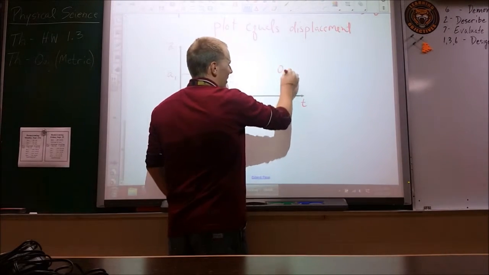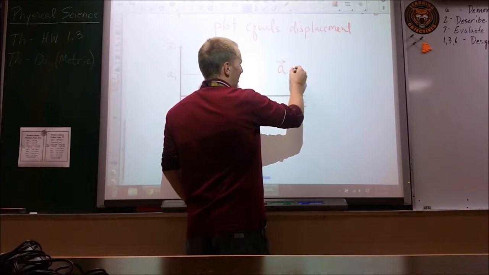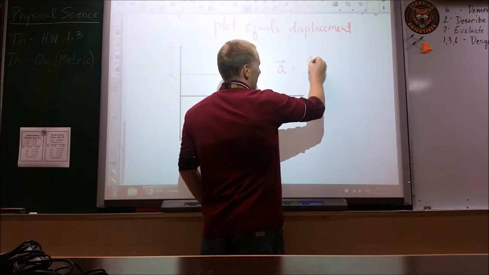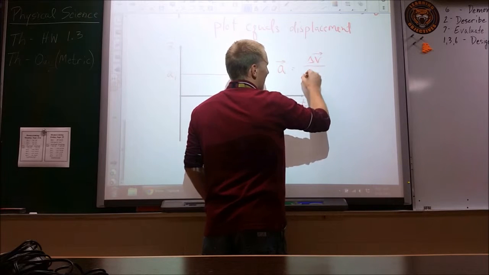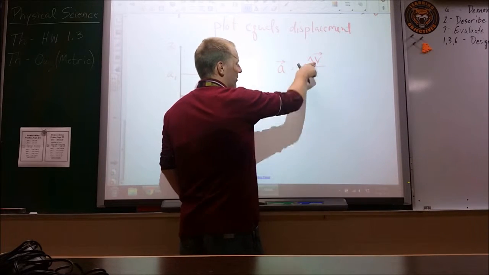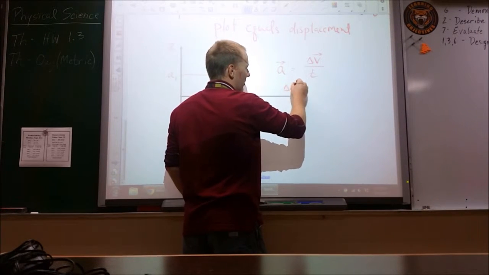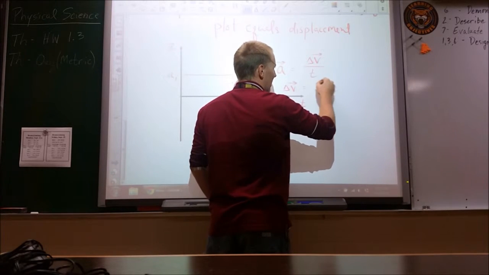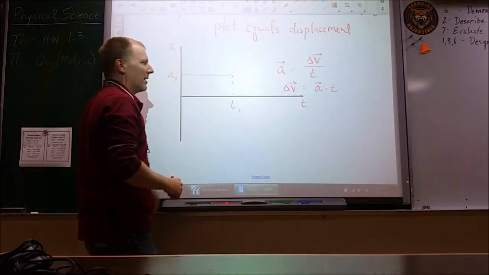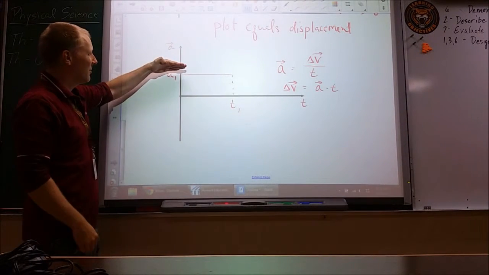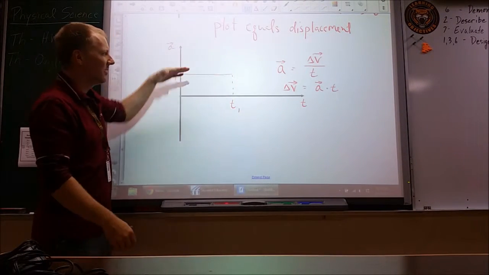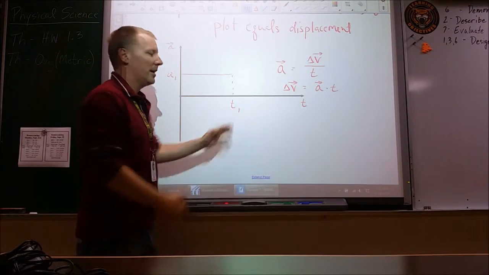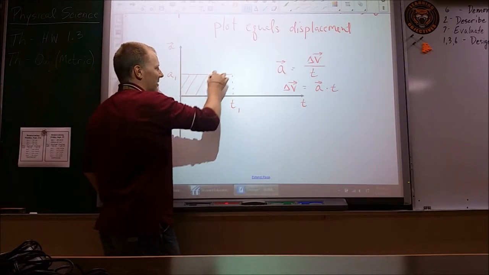And we know from our reading and from our practice that acceleration is equal to a change in velocity over a change in time. And if we want a change in velocity, we multiply both sides by t. And yes, same thing. So we're multiplying the acceleration here by the time, and that tells us the area underneath this.